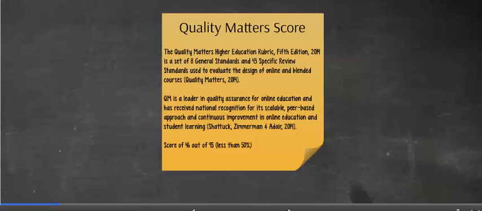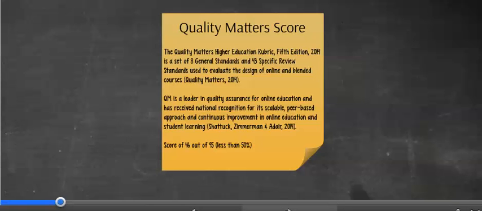It is also notable to state that there are no true regulations on the national or regional scale for higher education online courses. So this Quality Matters rubric is essentially the best tool that an institution can use. When you look at the OCW course as an online course rather than an open education resource, it scored 46 out of 95, so that's less than 50%.